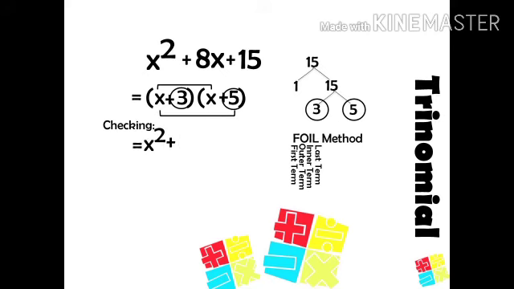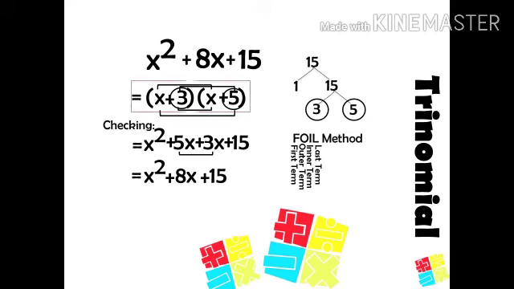Then outer term, x multiplied by 5 will become 5x. Then inner term, 3 times x will become 3x. Then last term, which is 3 multiplied by 5, is equal to 15. What we do here is we add the like terms, and it will become x squared plus 8x plus 15.